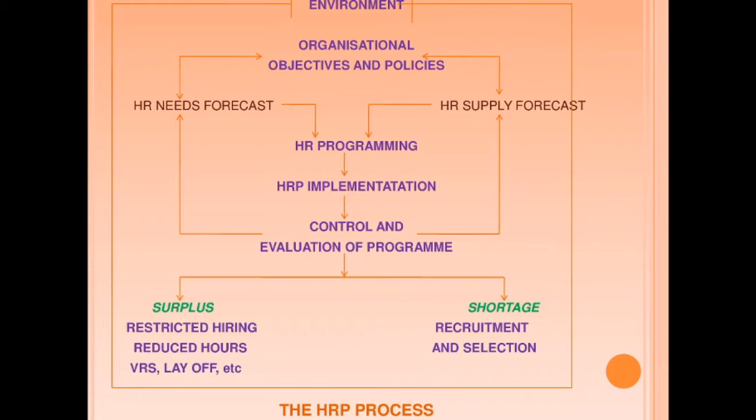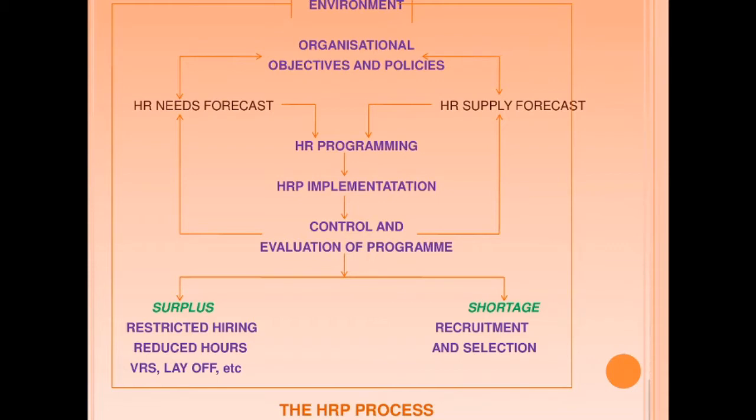In simpler terms, we can say that human resource planning is the process for ensuring that we have the right quantity and quality of human resource available at the right places at the right time so that an organization can meet its objective, right? So now let us see the process of human resource planning.